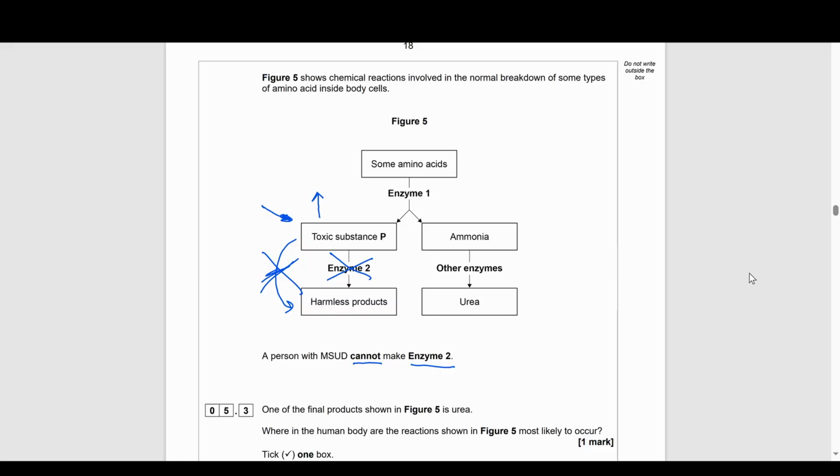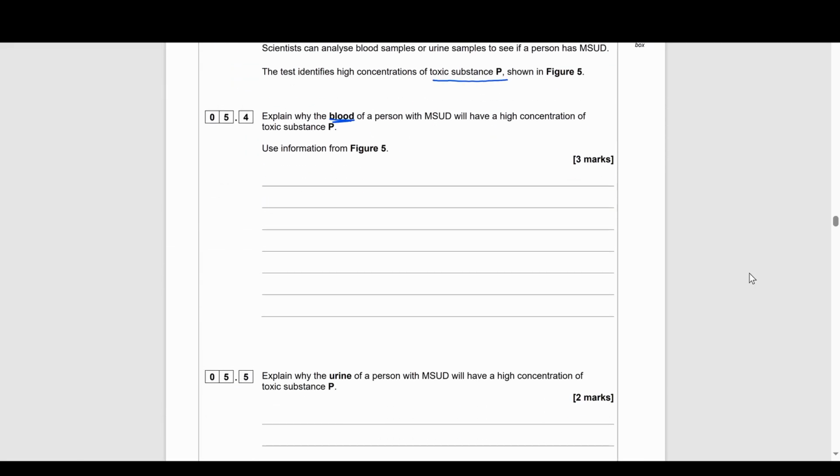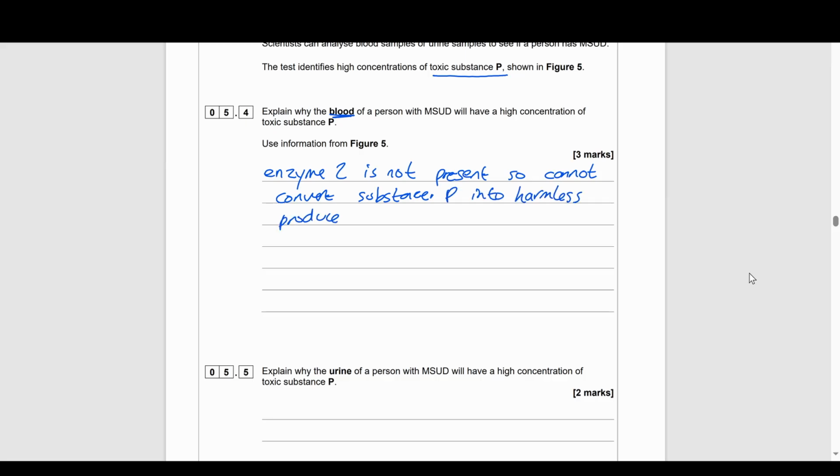So that really should be the answer. The enzyme 2 is not present, so it cannot convert substance P into harmless products. So if substance P cannot be converted into harmless products, it means that they're just going to build up. Therefore, toxic substance P builds up.